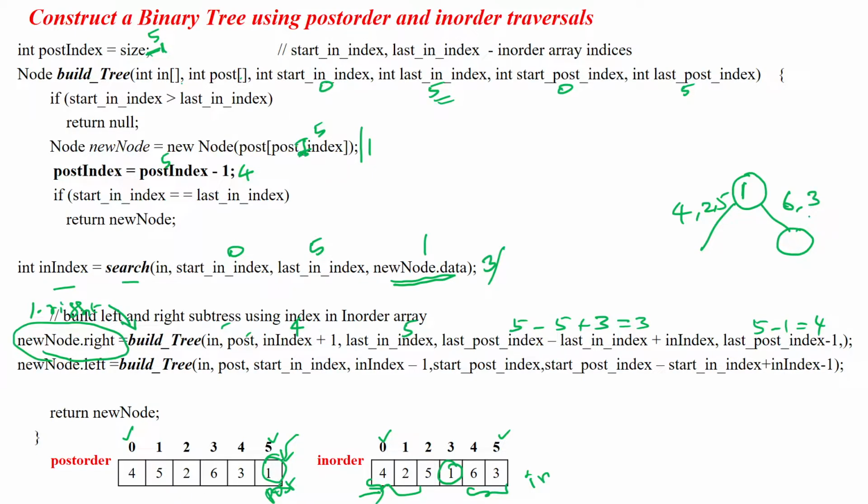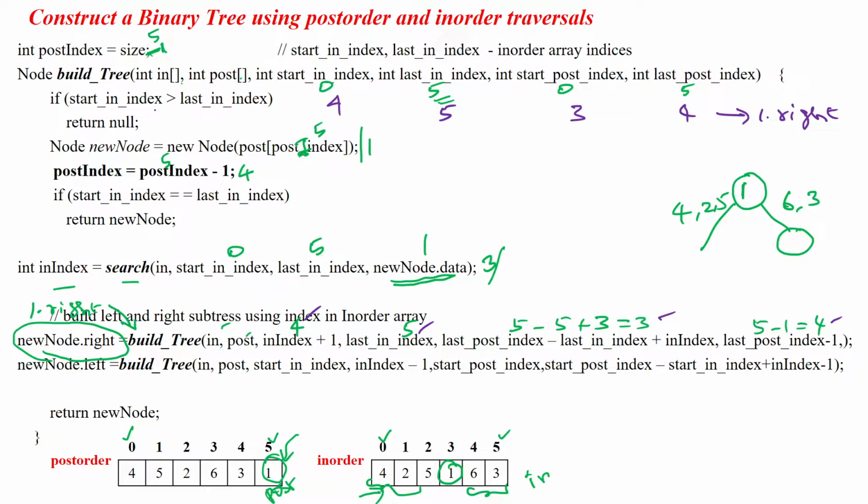Which node will become the root among 6 and 3? So for that, now we are again calling 1 dot right, passing the values: starting index is 4, then 5, 3, 4.